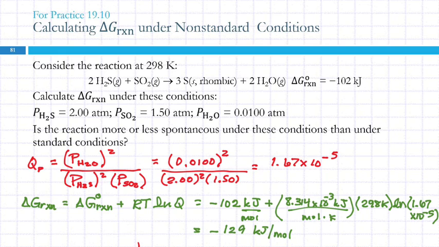I'm just gonna try it again. Yeah? What? You think the book's wrong? That's entirely possible. Oops. Well, that's nice. Now I got minus 117.8.